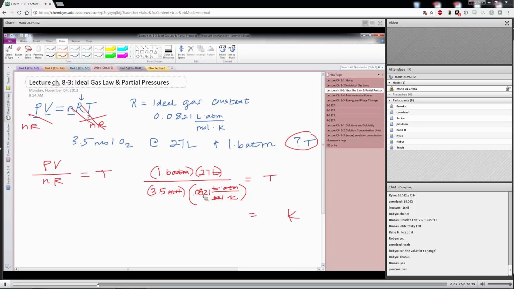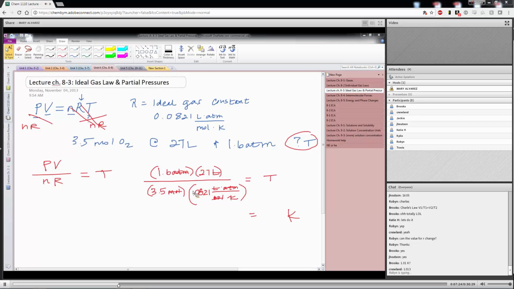So when I solve for temperature here, what do I get? 1.6 times 27 divided by 3.5 divided by 0.0821. Make sure that you put a 0.0.